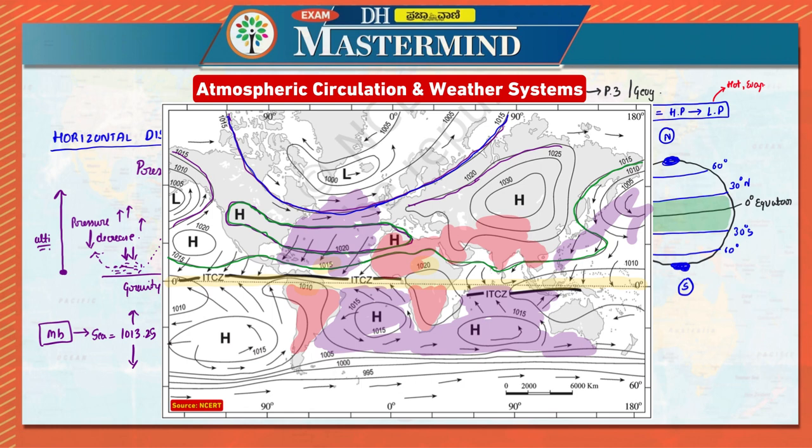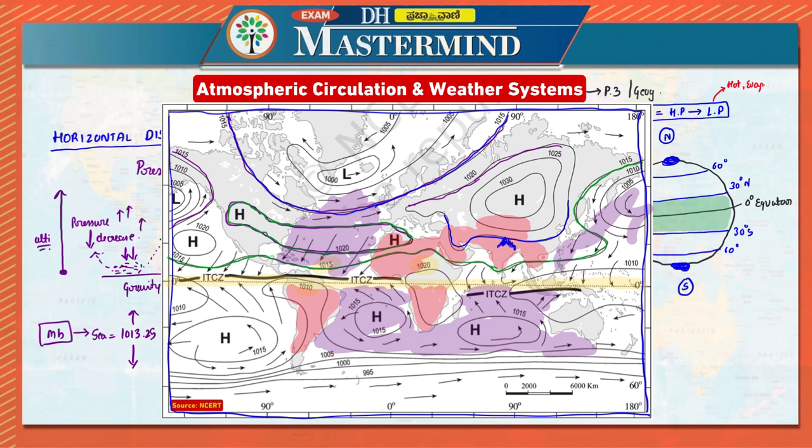But isobars are measured by eliminating all the altitude effects on pressure. That is, isobars are measured taking the whole earth itself as reduced to sea level. Even though there are a lot of hills over here, for example the Himalayas, the elevation and all changes, but the isobars take everything as being present at sea level. This is very, very important.